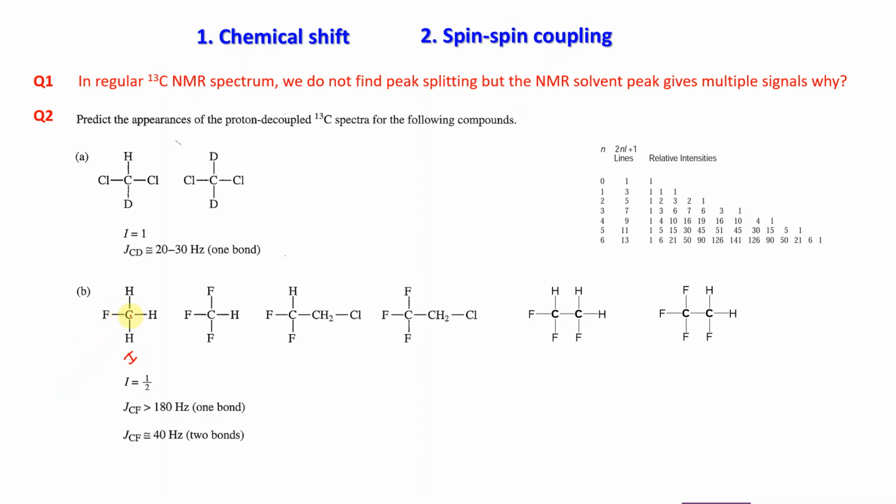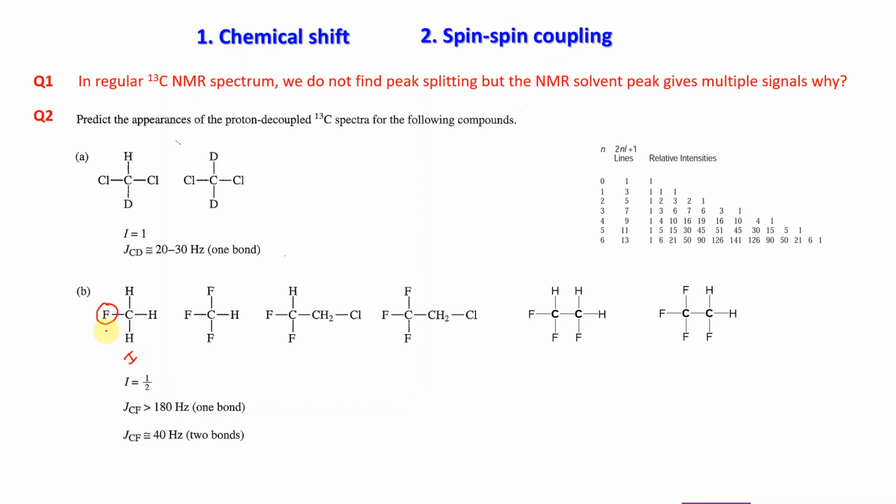We are looking at the carbon peak, and that carbon peak will be obtained by the influence of the nearby atom. It is already told that this NMR is proton decoupled, so the proton will not have any impact, only the fluorine will. And fluorine's I value is given as half, similar to proton and carbon.